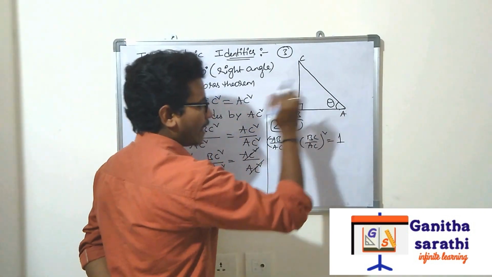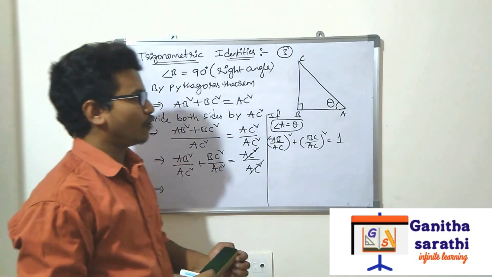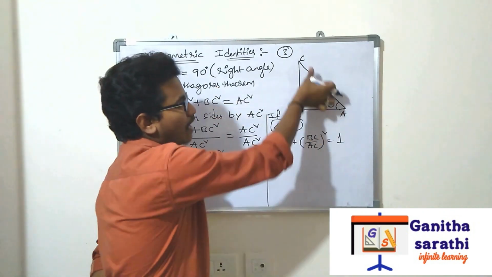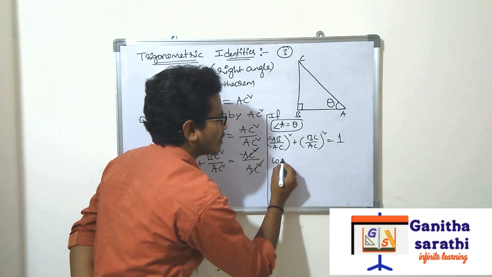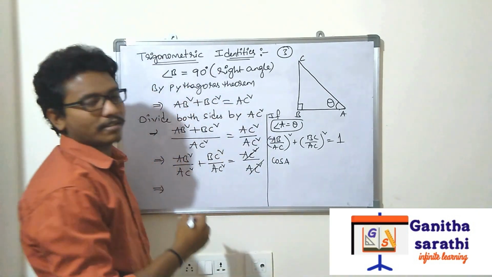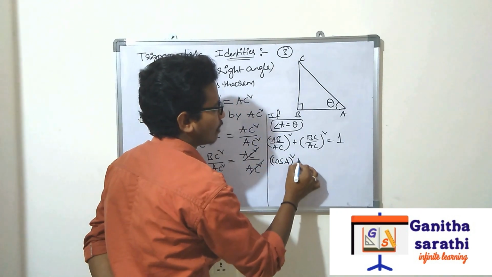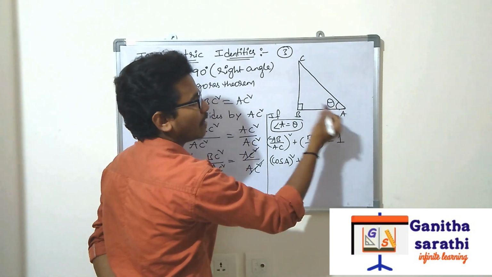If angle A is equal to theta, how is this represented in the form of trigonometric ratios? AB is the adjacent side and AC is the hypotenuse. Adjacent side by hypotenuse means cos, right? So cos A whole square plus BC: how is BC related to this angle?